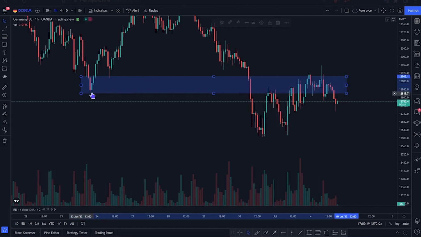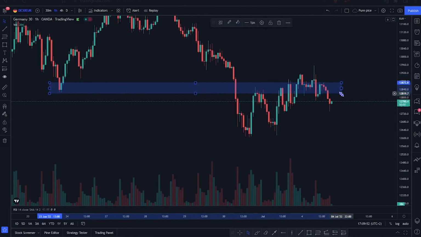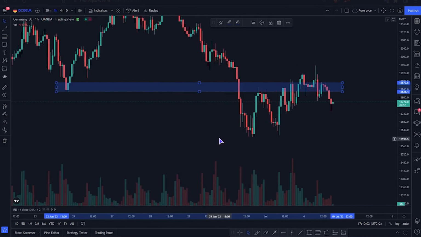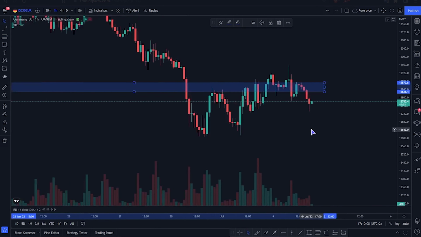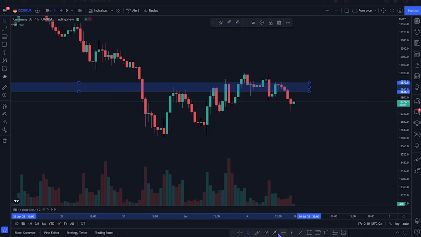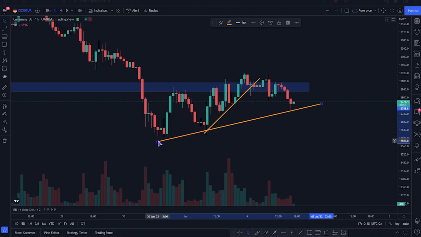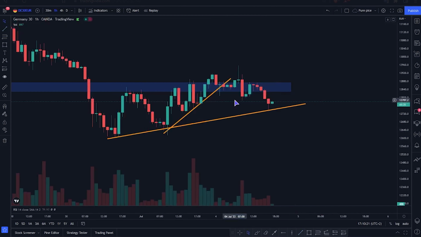So for you to make a good entry, because you have this level, which is a support, and it is turning into resistance, because you have these key levels, there isn't any need for you to wait for further confirmation, to wait for indicators to cross, to wait for further patterns to be broken, for the fact that you have observed that closer to that area there is a pattern that is already broken. I'm going to put the two of them here. So as you can see, closer to that area there is already a pattern broken, and there are signs that now the price is going down.